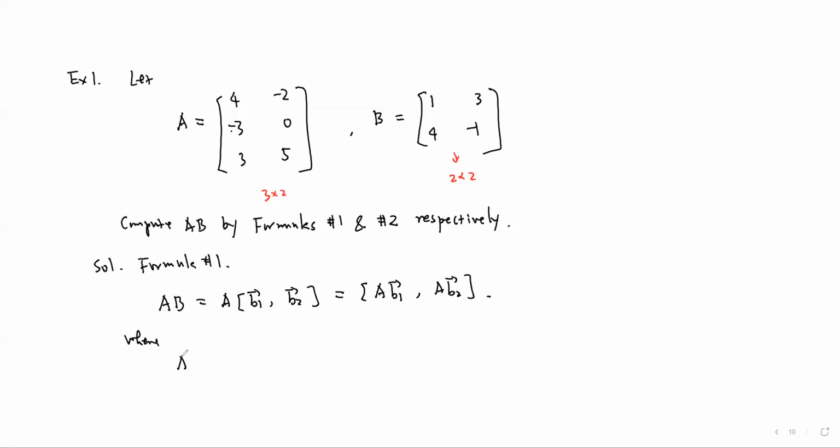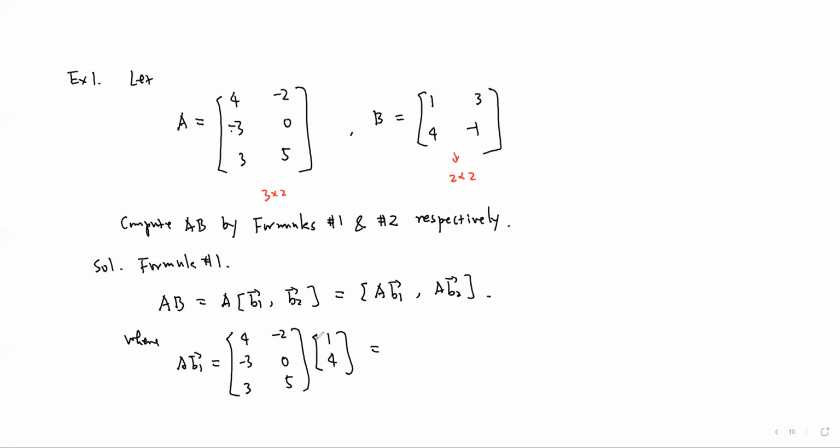A times the first column: this is A, with columns (4, -3, 3) and (2, 0, 5), times the first column of matrix B, which is (1, 4). Recall the formula to compute a matrix times a vector in chapter 1. A matrix times a vector is a vector, a linear combination of the columns of the matrix.